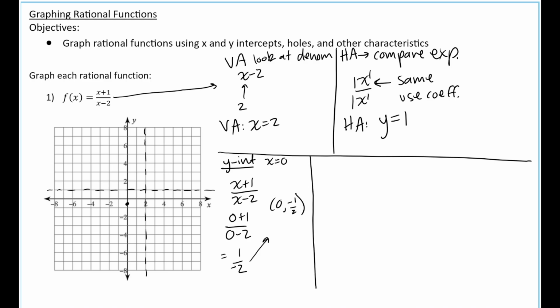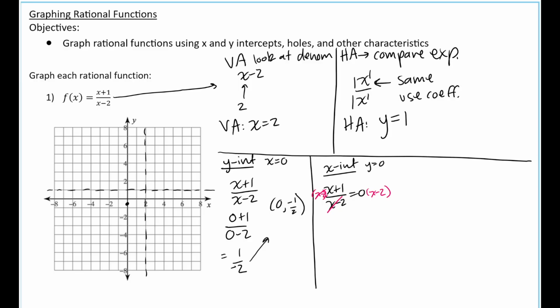Next, let's see if we can find an x-intercept. Okay, x-intercept. Remember, that's where y equals 0, or you make the whole equation equal 0 and then you solve. I'm going to multiply both sides by x minus 2, get rid of the denominator.